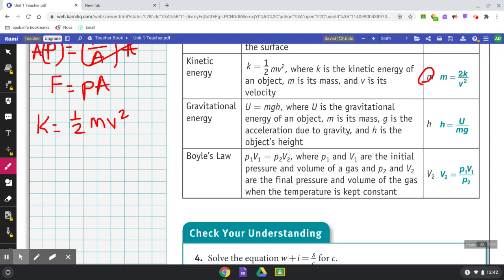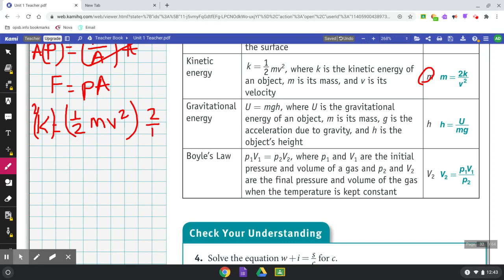In order to do that, I'm going to isolate mv squared. I'm going to eliminate the 1/2. In order to eliminate the 1/2, when you have a fraction, if you multiply both sides by the reciprocal, they eliminate. So 1/2 times 2 over 1 ends up just being 2, right? So I'm going to multiply both sides.